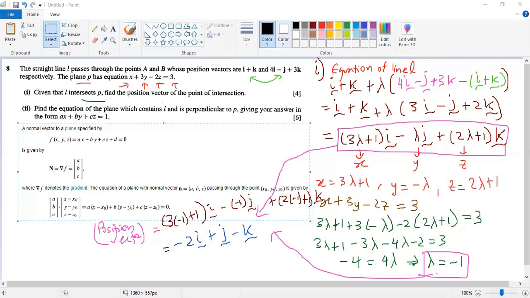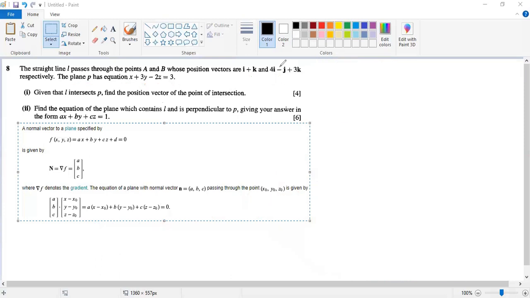Okay, I'm just going to write that position vector of the point of intersection: minus 2i plus j minus k. So I write the answer.